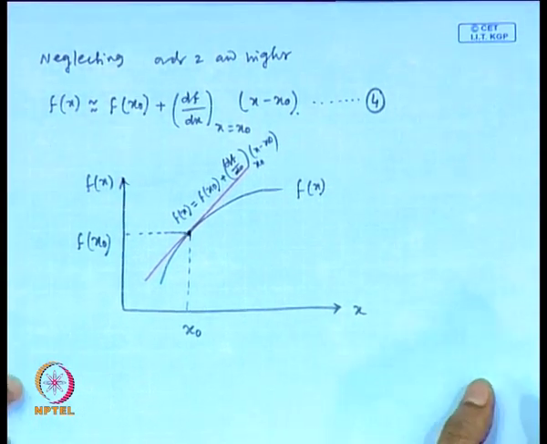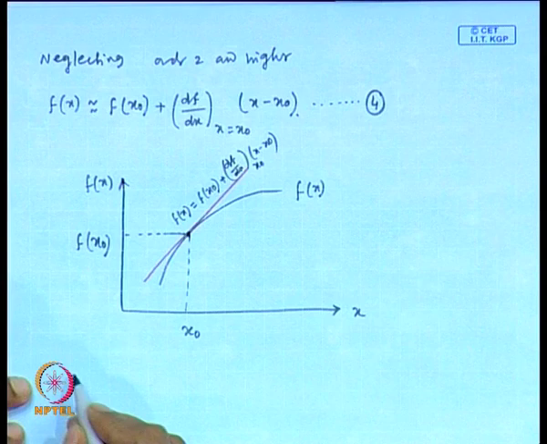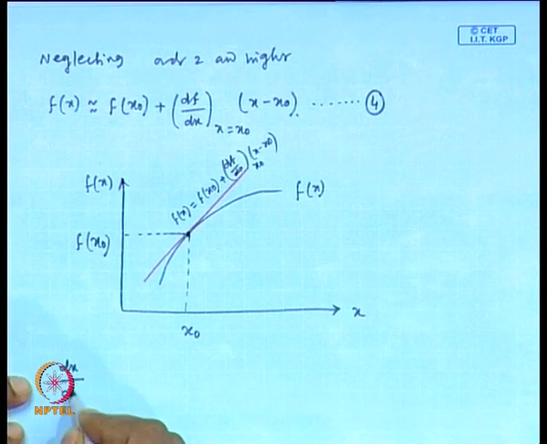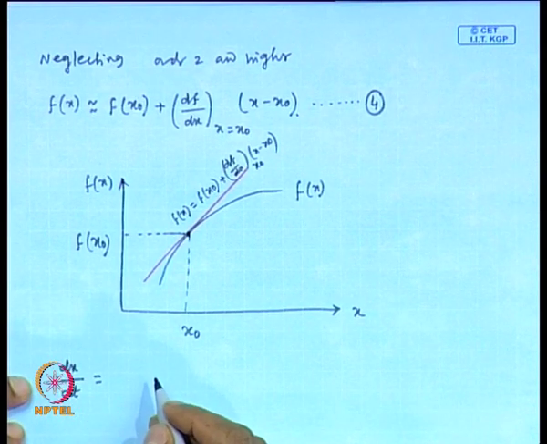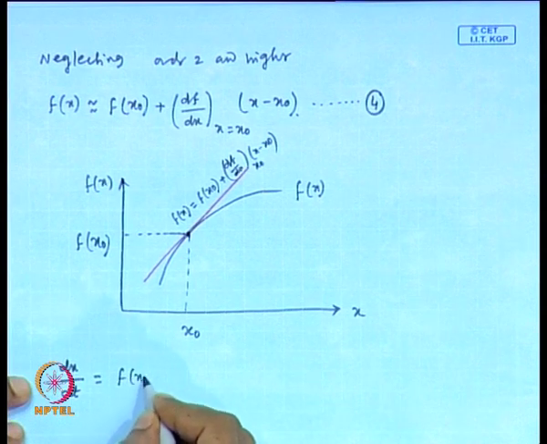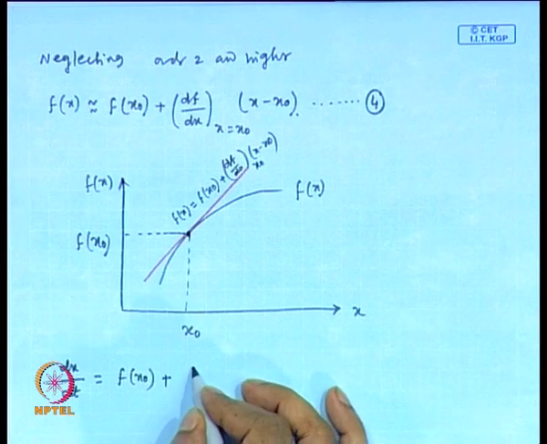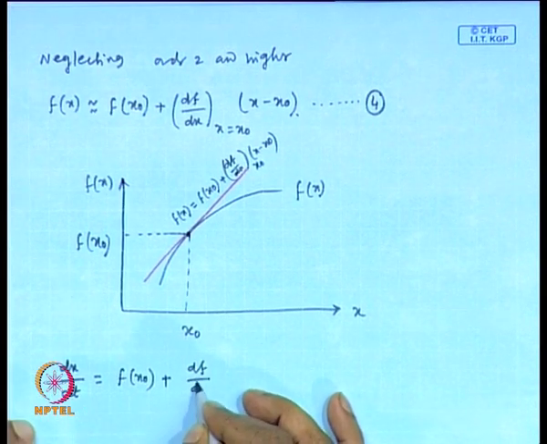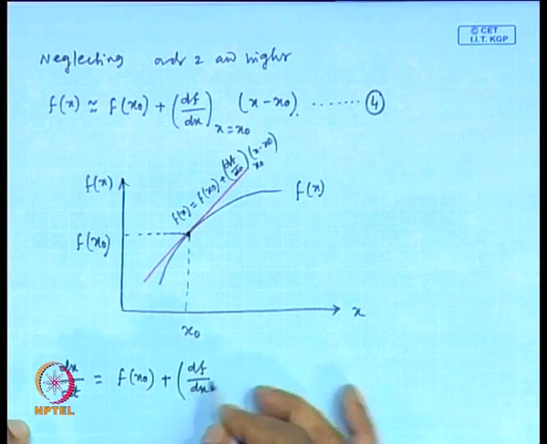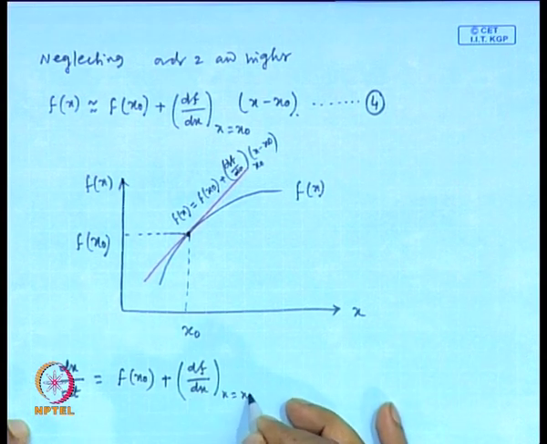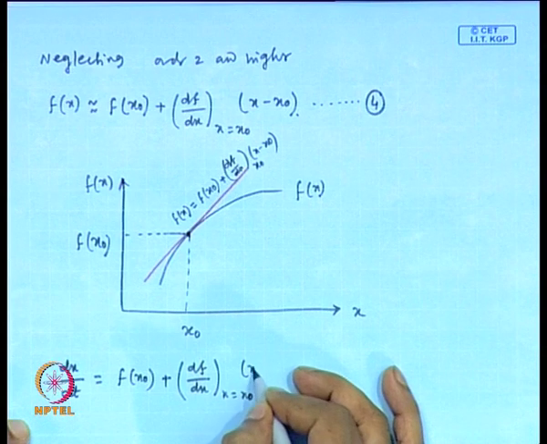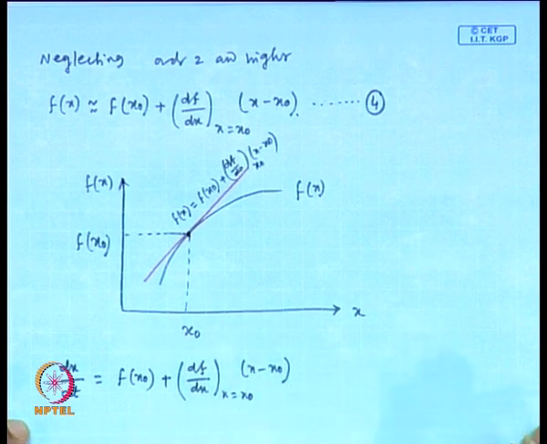Now, we can write equation 4 this way also: dx/dt equals f(x naught) plus df/dx at x equals x naught times (x minus x naught), because f(x) equals dx/dt, that is our equation number 2.